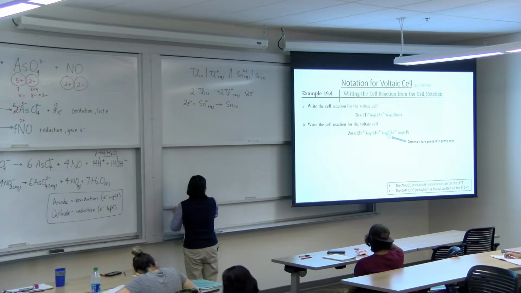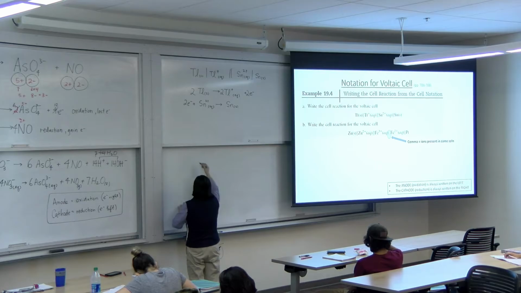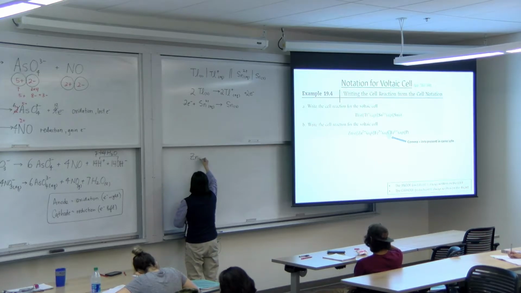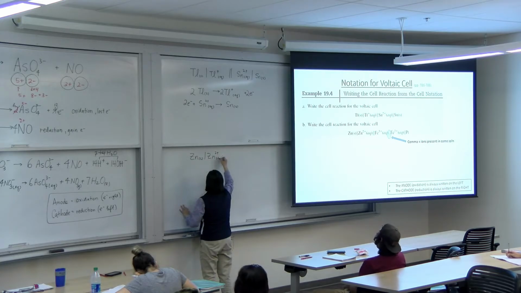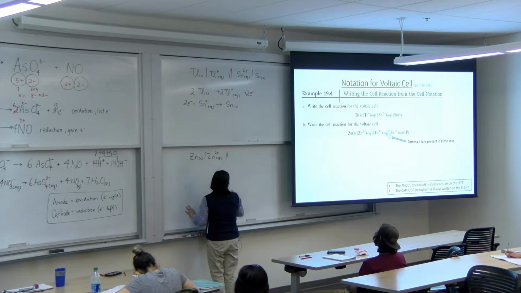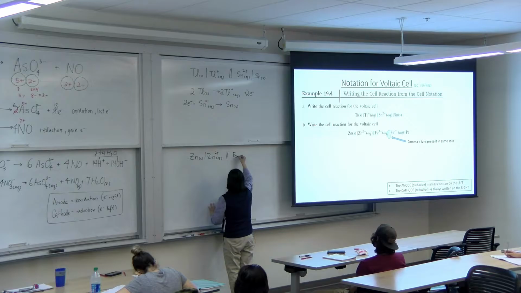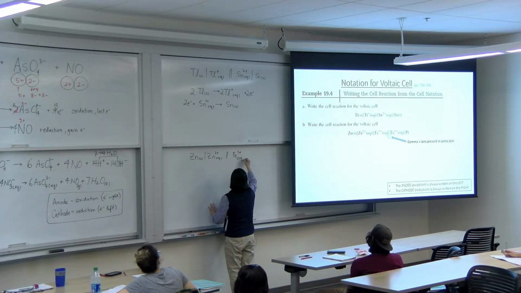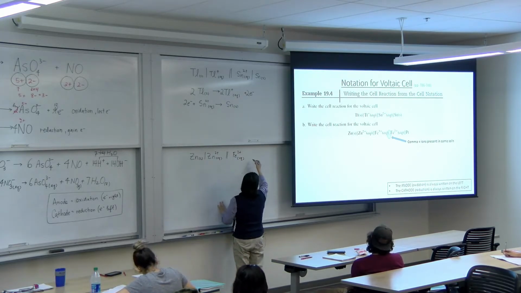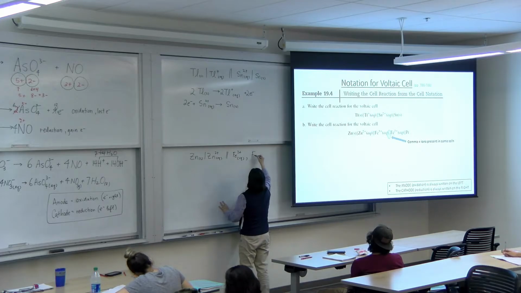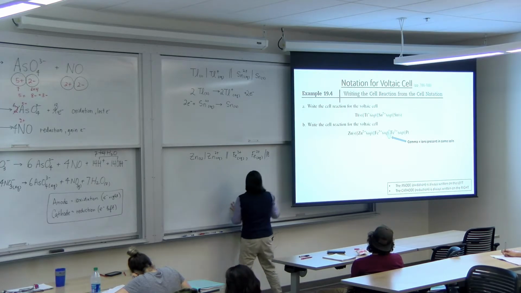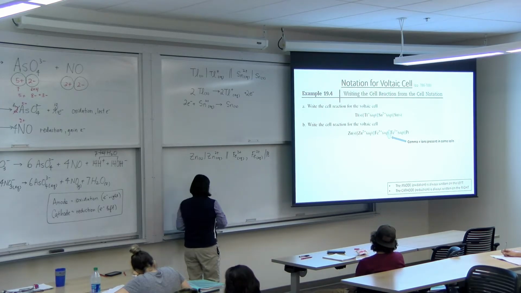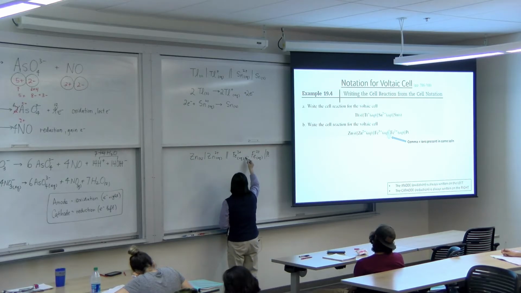You have zinc. It is a solid. Vertical line becomes zinc 2 plus. Salt bridge. So notice, they used a comma here instead of a vertical line.